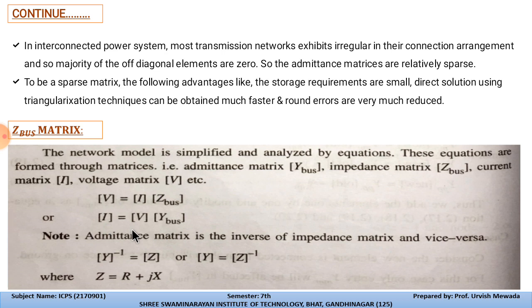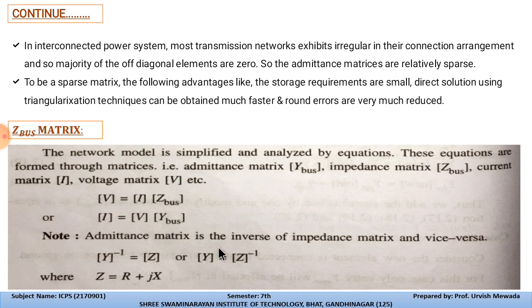The equations are formed through matrices: the admittance matrix Y bus, the impedance matrix Z bus, the current matrix I and the voltage matrix V. This is the voltage matrix, this is the current matrix, and this is the impedance matrix, Z, and this is the Y, which is called the admittance matrix. This is how we can write the equation for the Z and Y bus.